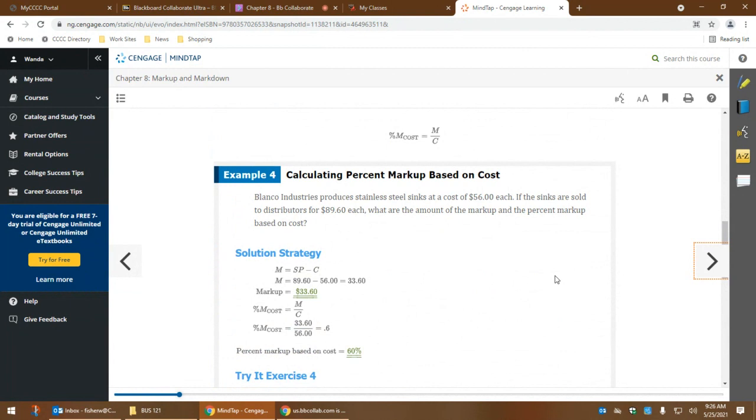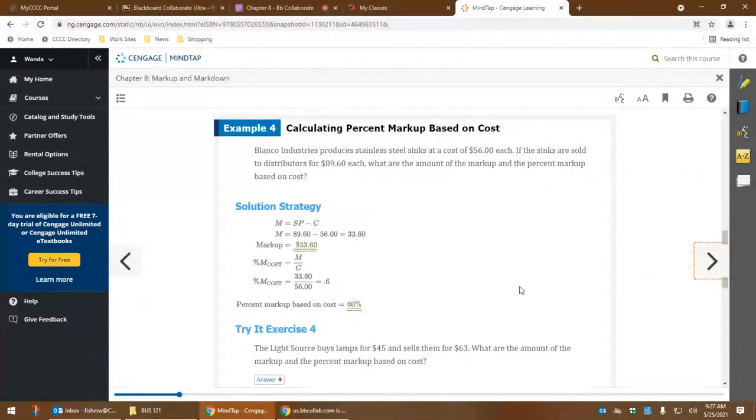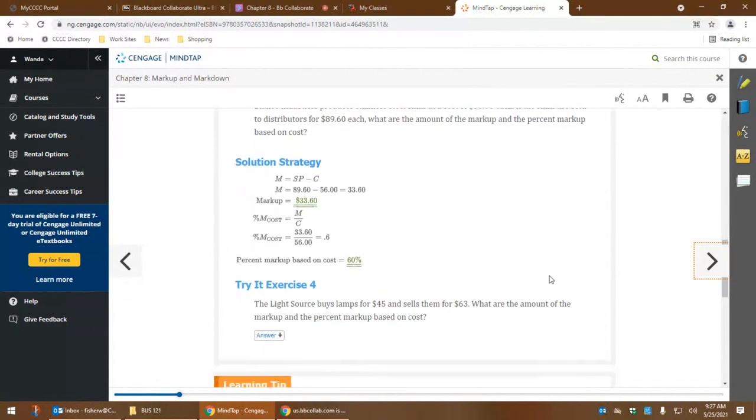The markup is $33.60. Then to find, okay, well, what was the percent of our markup based on the cost of that item? We take the $33.60 markup divided by the cost, the $56. So we had a 0.6 or a 60% markup based on cost. So all of these formulas are going to be used to basically solve what we're looking for. We can manipulate them, move them around for the unknown.